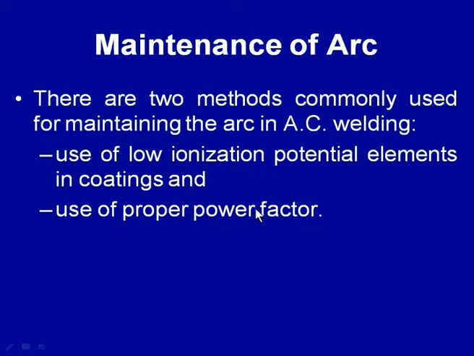In both these approaches, efforts are made to facilitate the presence of a large number of charged particles in the arc gap even when either the open circuit voltage is very low or the current is very low. Under those conditions, the presence of a large number of charged particles helps to reignite the arc easily. So, we will look into the details of how these two methods help in maintaining the arc, especially when alternating current is used for welding.